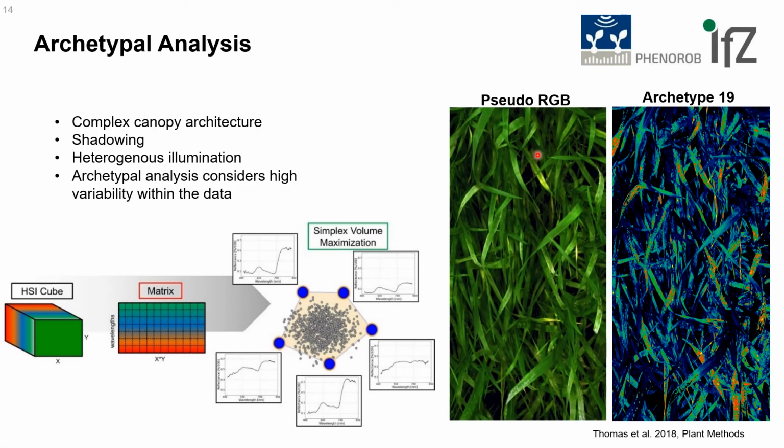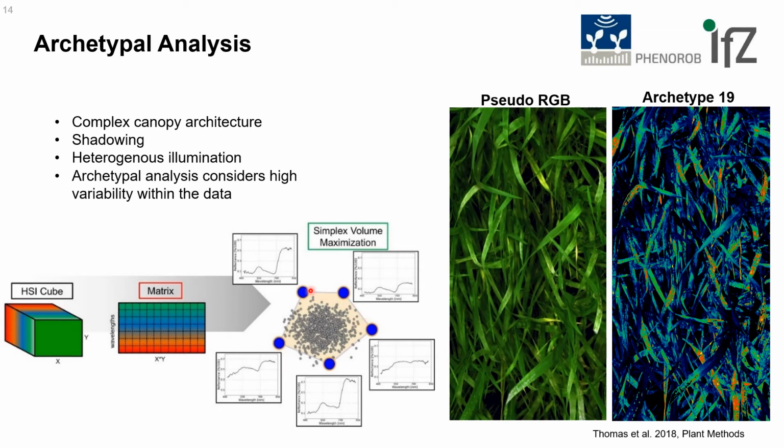As you can see here, the data is very complex with shadowing, it is heterogeneously illuminated, and you see only very, very small symptoms of the disease, like here in this part, and therefore you need a proper algorithm to handle this complexity. Here we applied simplex volume maximization as a valuable approach to handle the complexity.